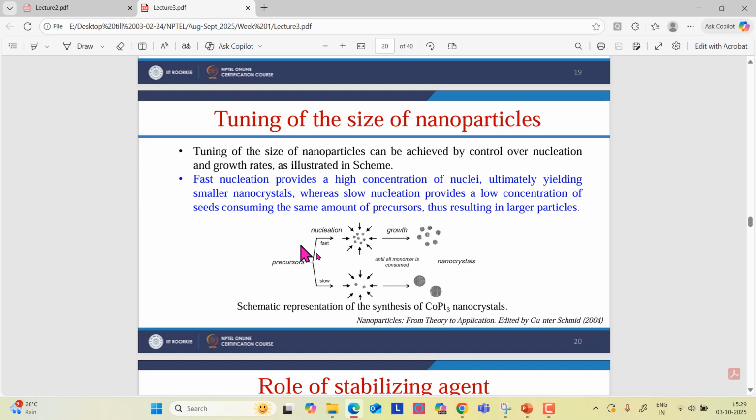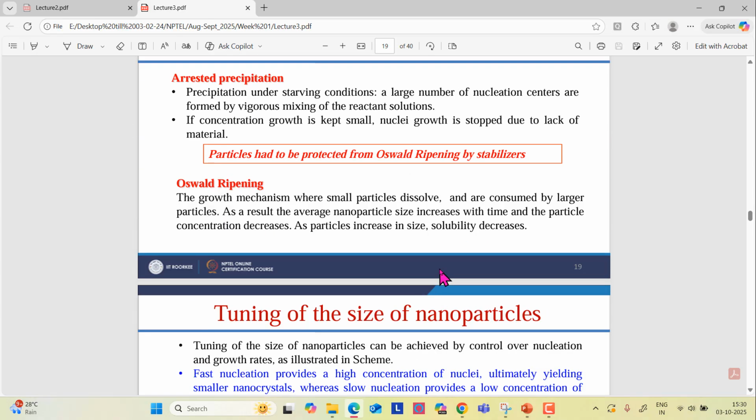Here the first precursor is your gold solution. When the nucleation happens fast, then many small nanocrystals are created, and when growth happens, they create smaller nanoparticle size. When the nucleation happens very slowly, then a limited number of nanocrystals are formed, and when the growth phase comes, they agglomerate together and form bigger nanoparticles. So this is how we can vary the rate of nucleation to form the desired size of the nanoparticle.